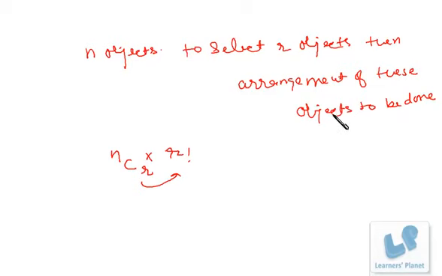Okay, just listen to me once again. From n objects, we are selecting r objects, that is nCr. Then these r objects which I have selected, I have to arrange at r places. So there are r factorial ways, right? So nCr into r factorial is the complete solution to this problem, and it is nothing but nPr, right?